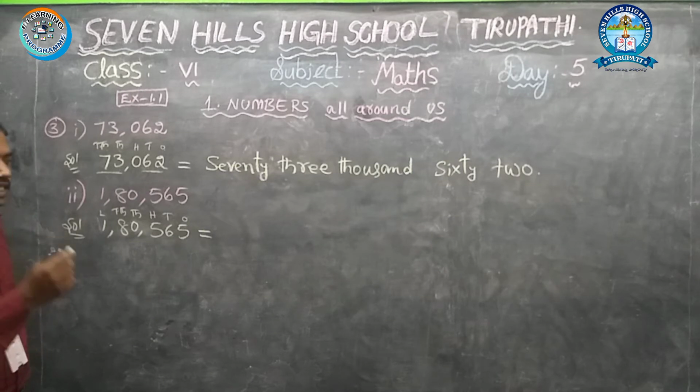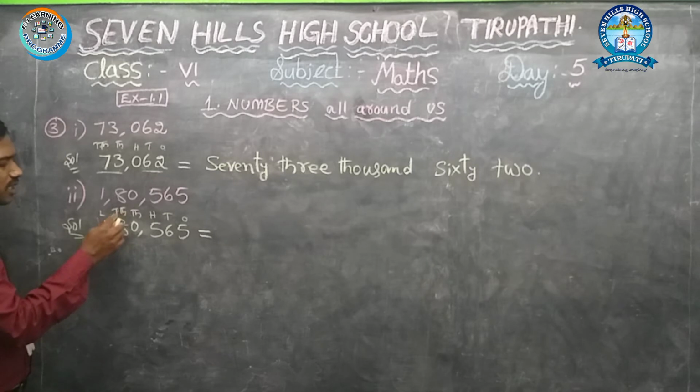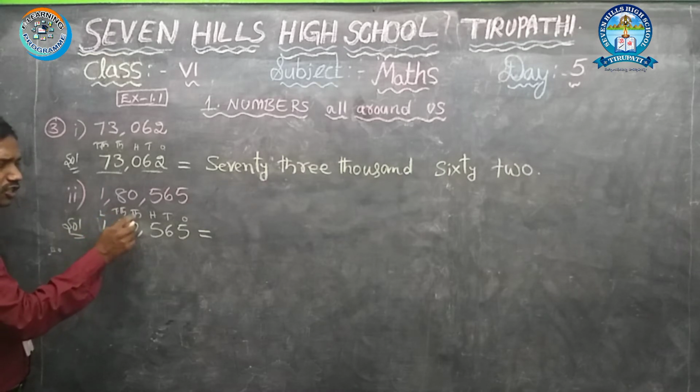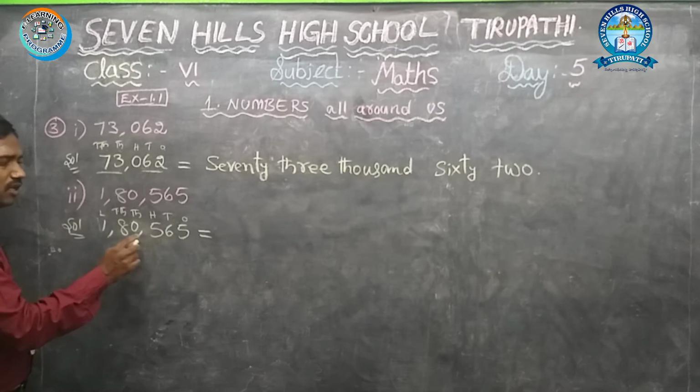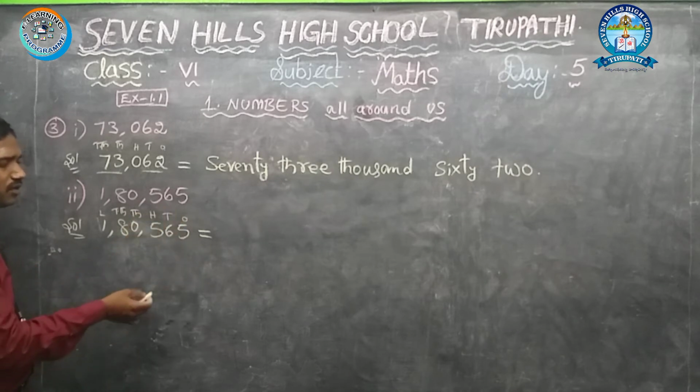How many lakhs are there? 1 lakh. How many 10,000s? 8. How many thousands? 0. How many hundreds? 5. How many tens? 6. How many ones? 5.